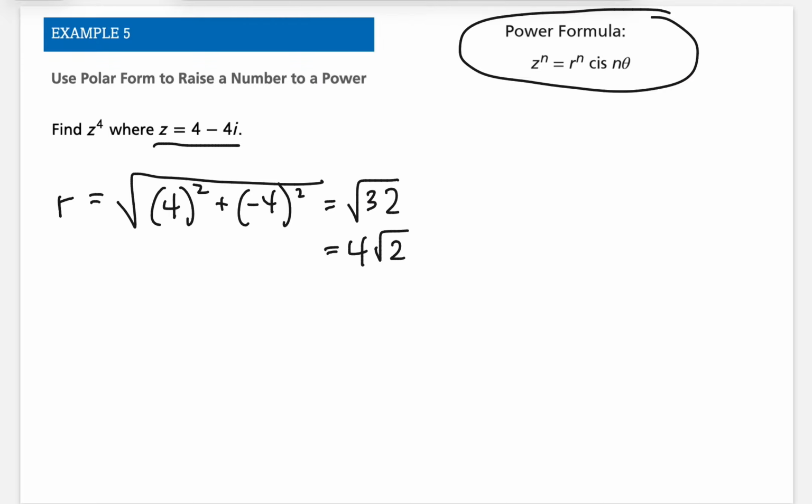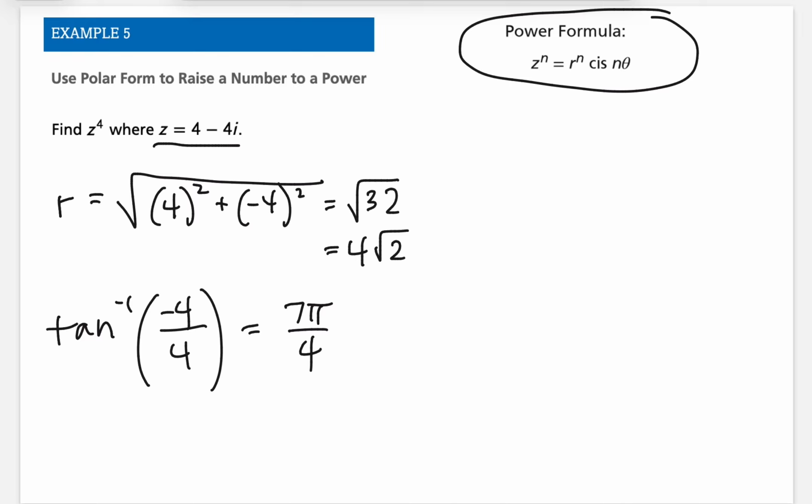Okay, and then to find our theta, our angle, we're taking the inverse tangent of negative 4 over 4. So again, that puts me in the fourth quadrant. And I know that taking the inverse tangent of negative 1, it means I'm going to be at one of my 45-degree angles or my pi over 4 angles. So that's going to put me at 7 pi over 4.